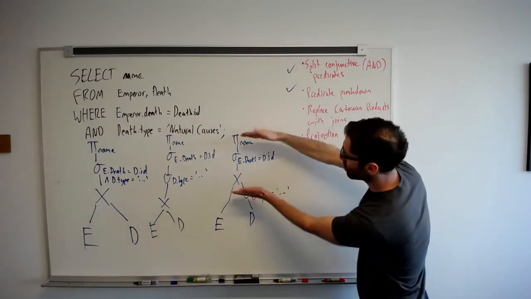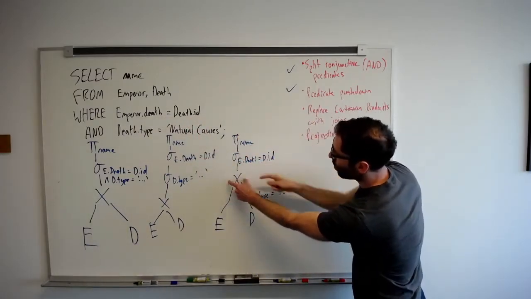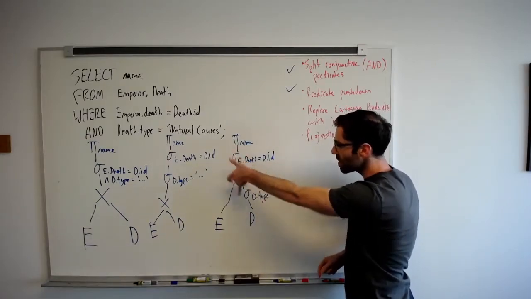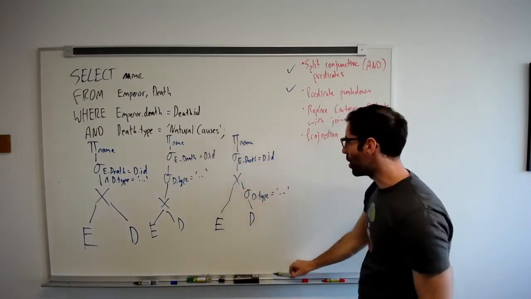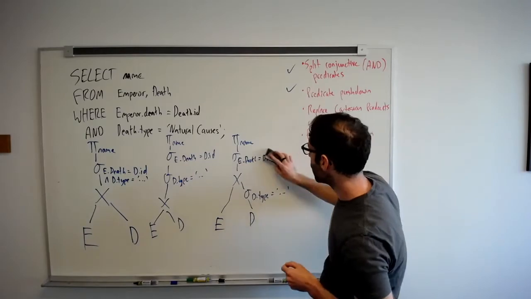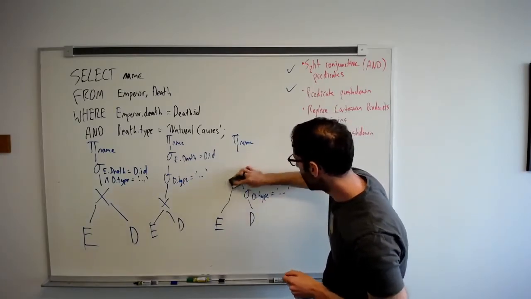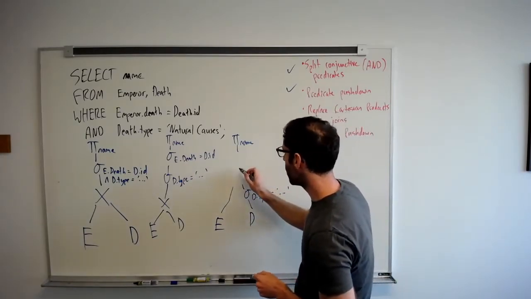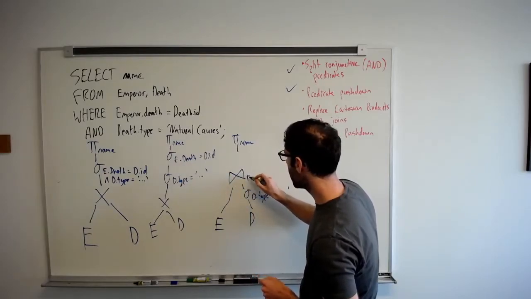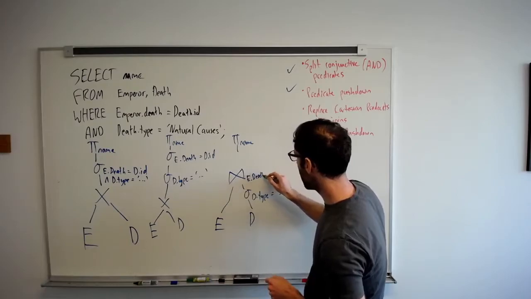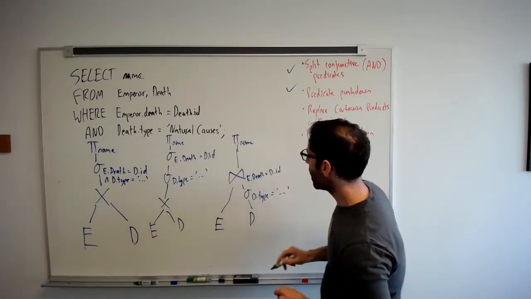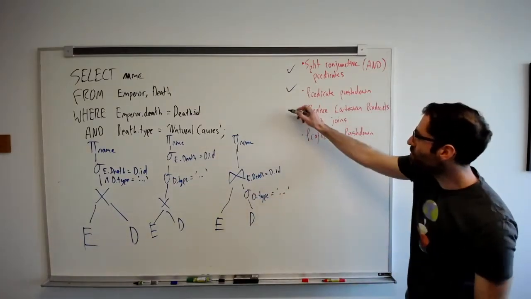We don't want to generate the full Cartesian product and only then do the selection. We actually just want to do a join. That's going to be a lot better for us. So we replace these with our join, and that would go into our projection.